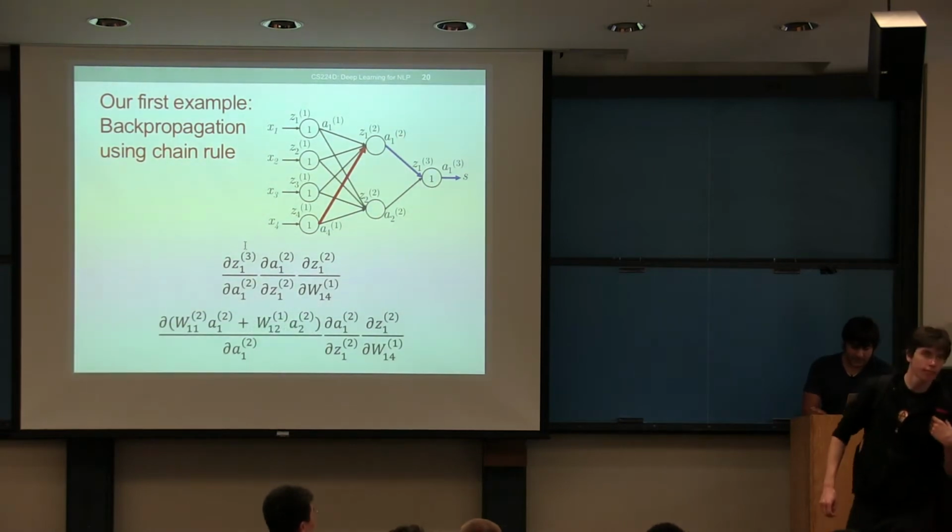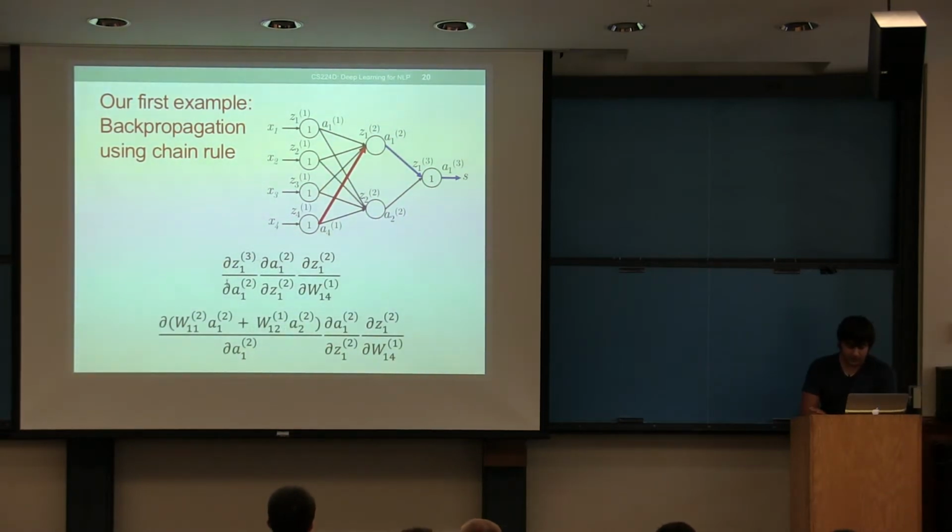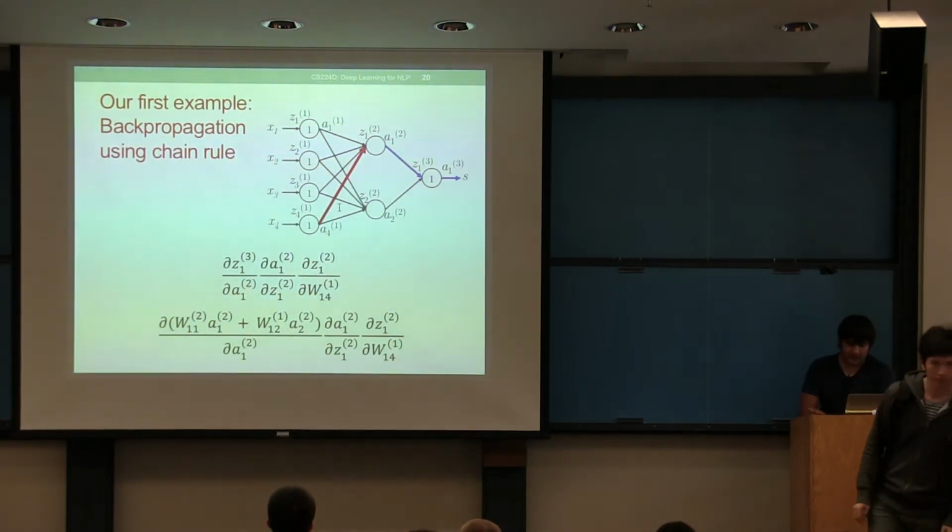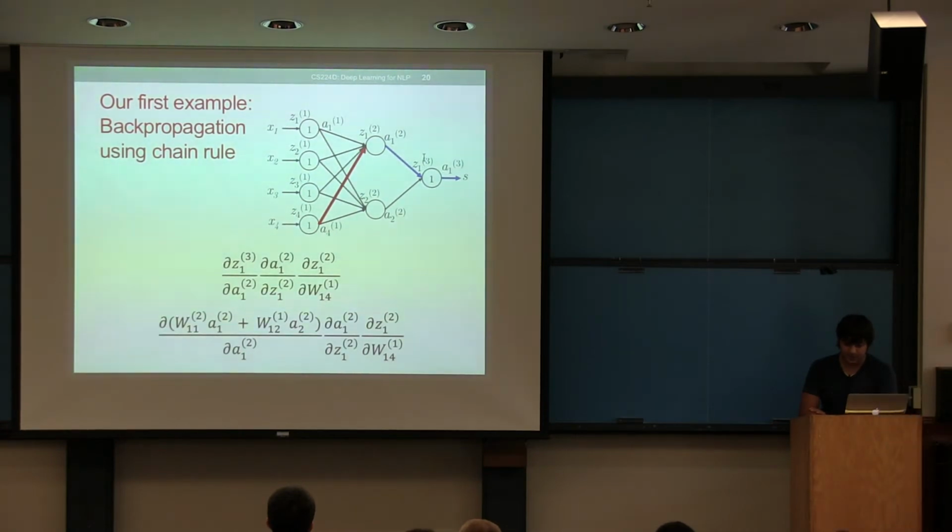Then you have the second term, dz13 with respect to a12, which is basically the transformation from here to here. So if we open this linear combination Z and write it in terms of the matrix multiplication that it's a result of, you basically get this. This should be 2 right here. Sorry about that typo. I'm going to fix that.